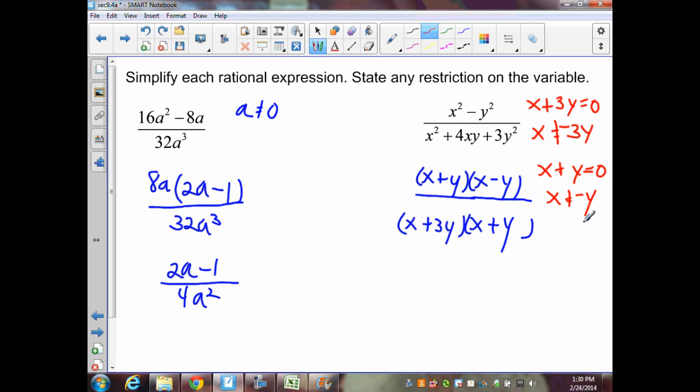And we could do the same thing by solving for y. And here, y couldn't equal a negative 1/3 x, and y can't equal a negative x. Now I can simplify. My x plus y's are going to cancel, and that's going to leave me with x minus y over x plus 3y.